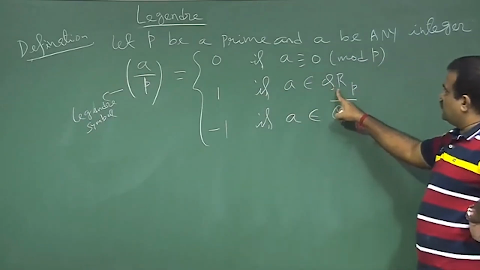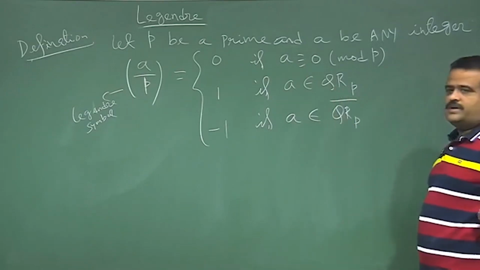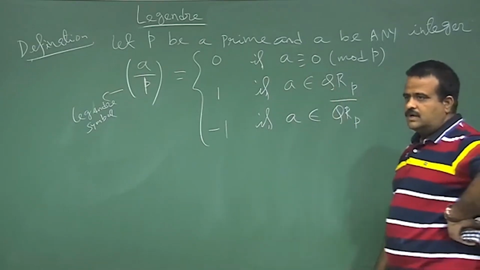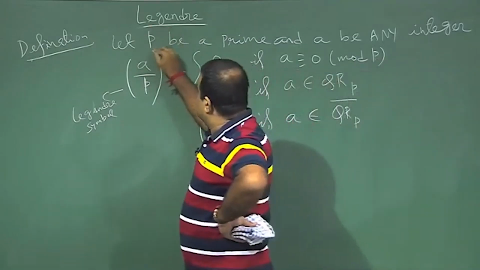So it can take three possible values, but we have to be careful: for Legendre, p is prime.